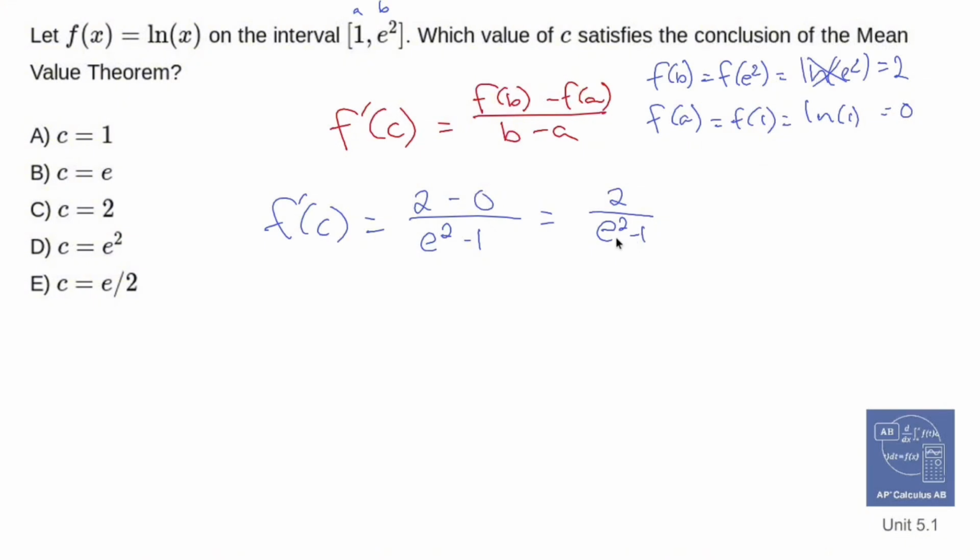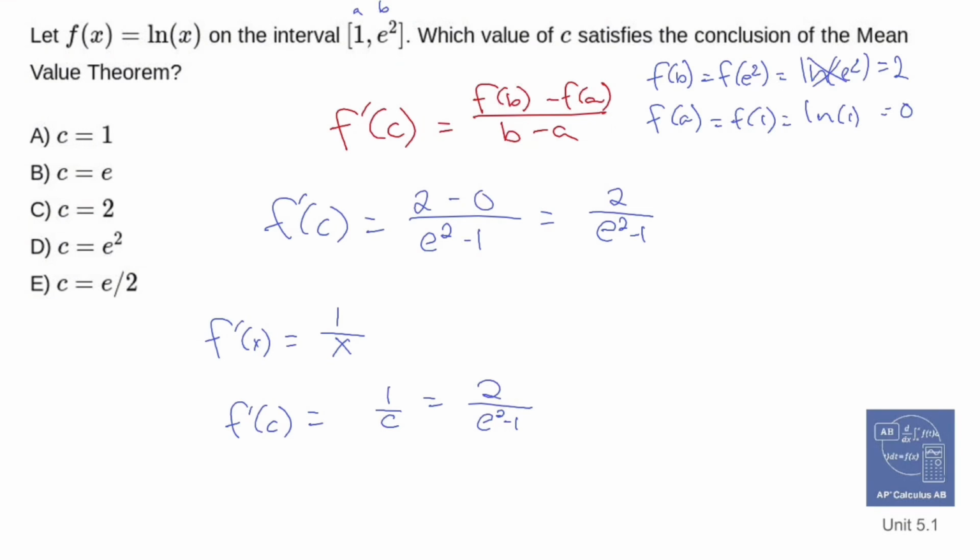Now I'm not done yet, because I need a c that makes this true. So f prime of c means let's find f prime of x and replace the x with c. So f prime of x is the derivative of ln of x, which is 1 over x. So f prime of c is going to be 1 over c, and that happens to equal 2 over e squared minus 1.